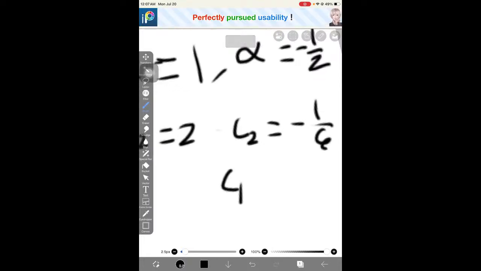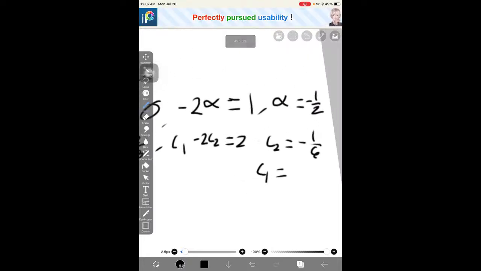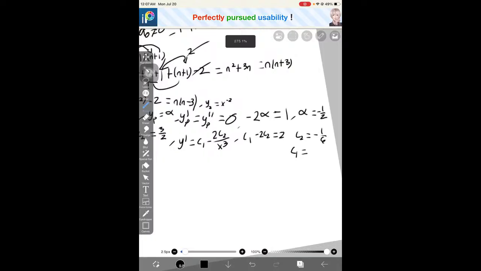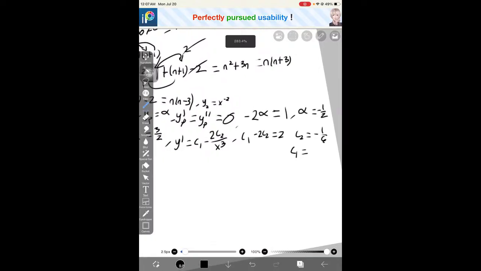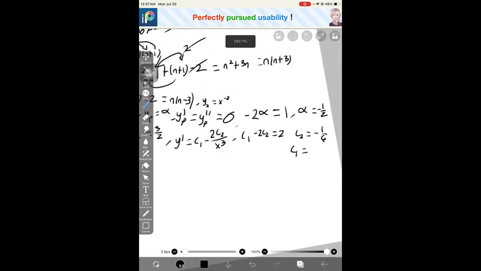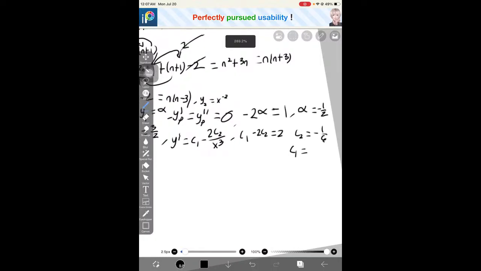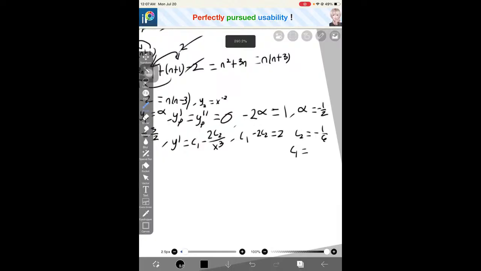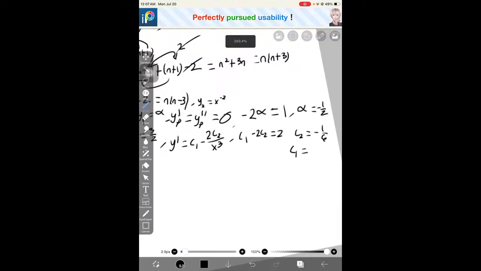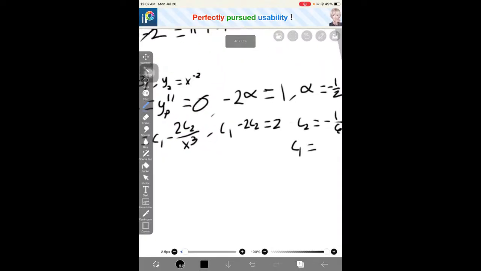So c sub 1, what's c sub 1? Chat, earlier we had that formula.